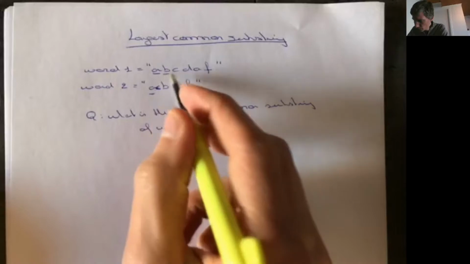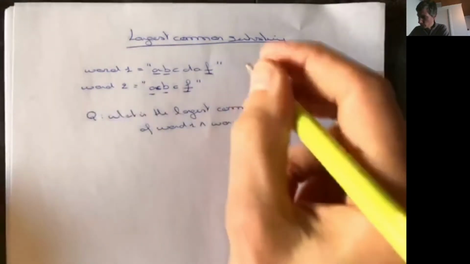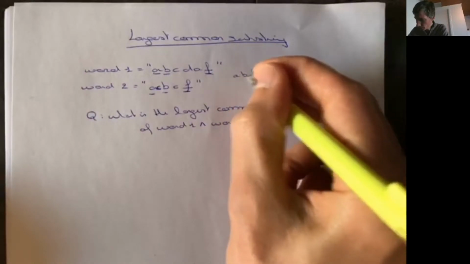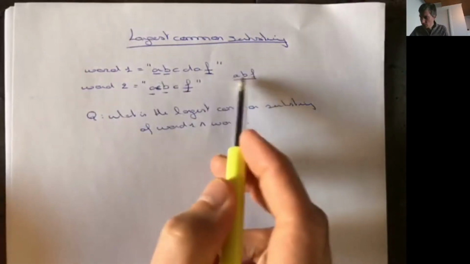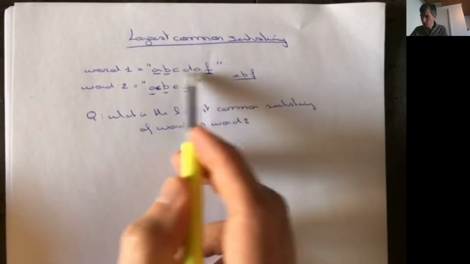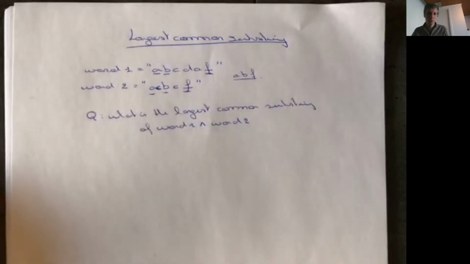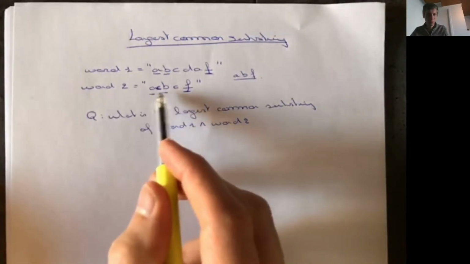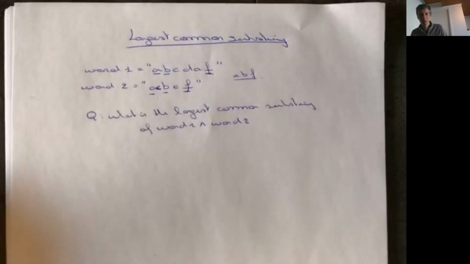I also have a B, and for example, I have an F. So ABF is a common substring. The letters have to, the order is important. A has to come before B and has to come before F, but there can be gaps in between. So here the C is in between, but I don't care as long as A is before B is before F. That's a common substring, and I would like to find the longest one.